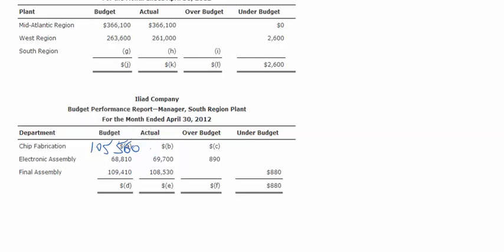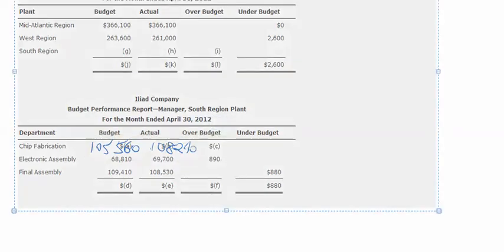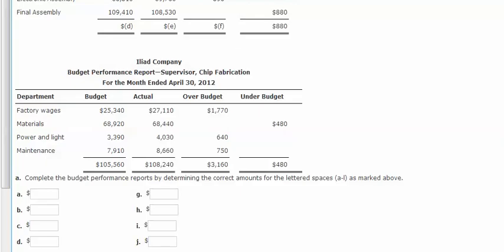So we can write 1. And the C, the over budget, looks like the combination of these two numbers. So I've got to take the 3160 minus the 480.